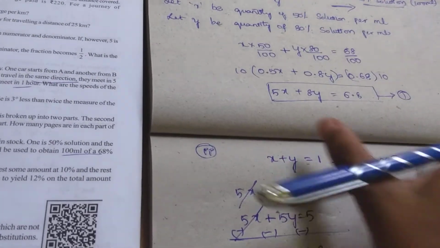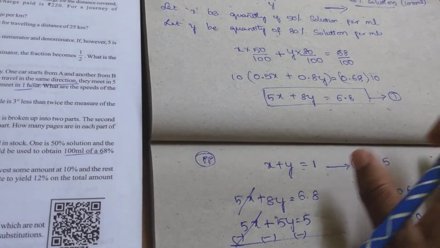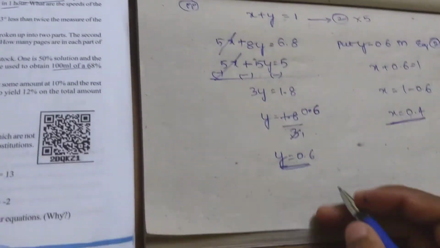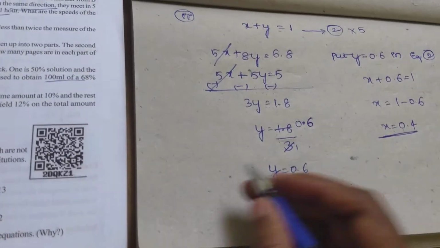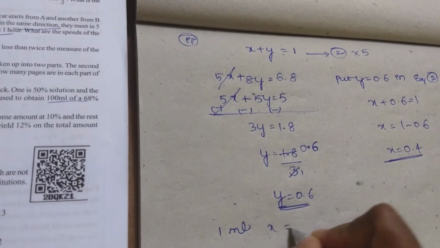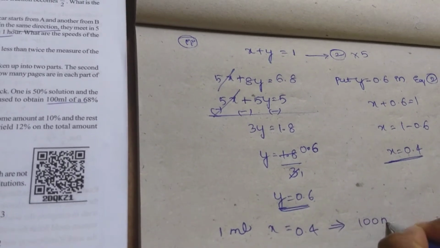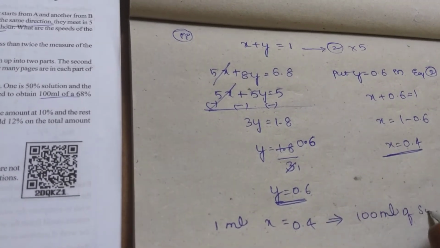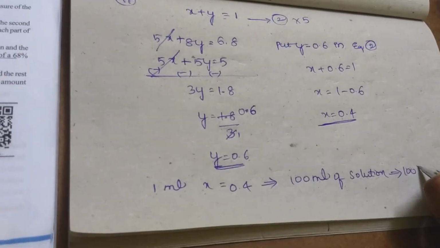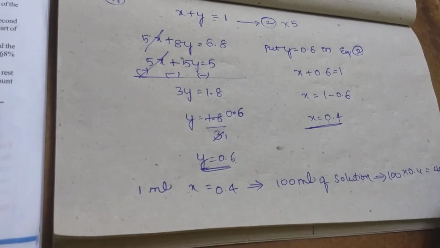So here we have calculated the value of equation 1 for 1 ml, and equation 2 also we have written only for 1 ml. So here x value is what? For 1 ml x equals 0.4. For 100 ml of solution, how much does it become? 100 into 0.4, it becomes 40 ml.